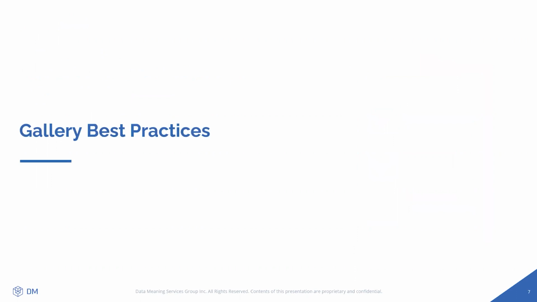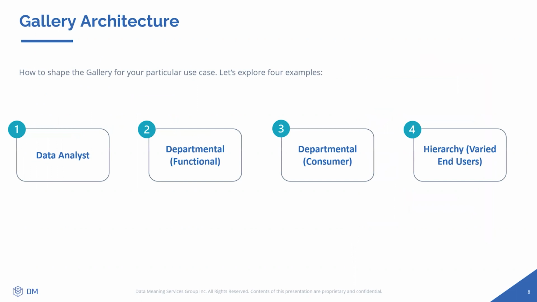First off, gallery best practices. We're going to look first at the gallery architecture. There are roles and areas that you can create within the gallery to share content. For roles, remember, you can have viewer, member, artisan, and curator.